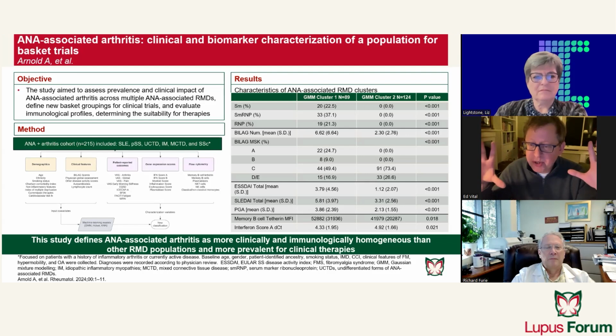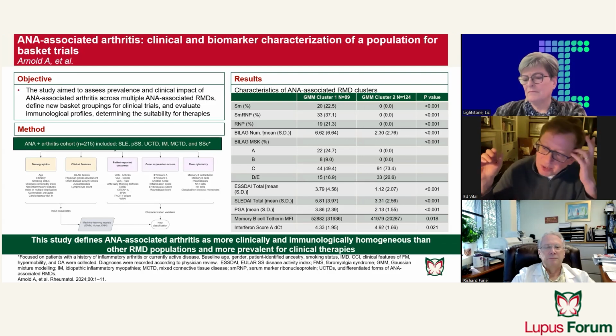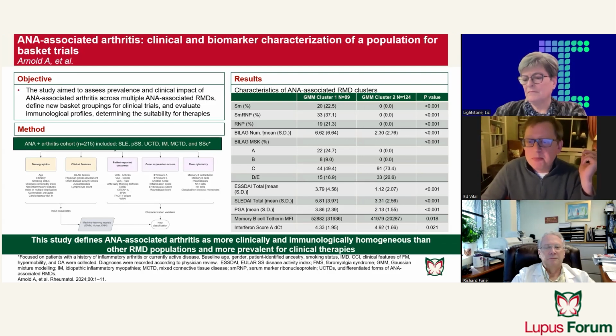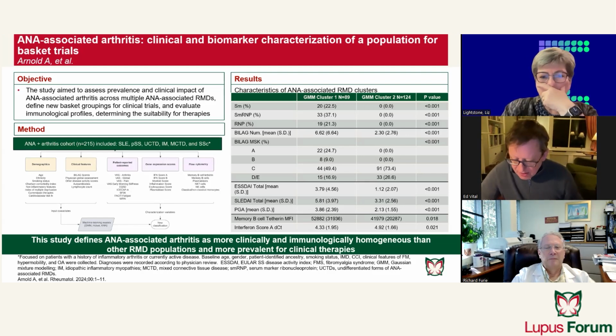It had everybody who had swollen joints, but it also had a bunch of other people who didn't actually have swollen joints, but all their other characteristics were quite similar. So we speculate that maybe they didn't have inflammation on the day of the study, but they do at other times, or they're on better therapy, or something like that.